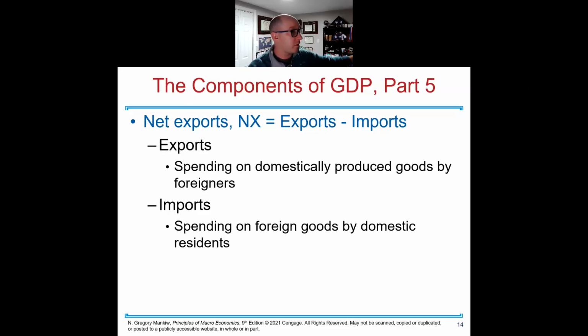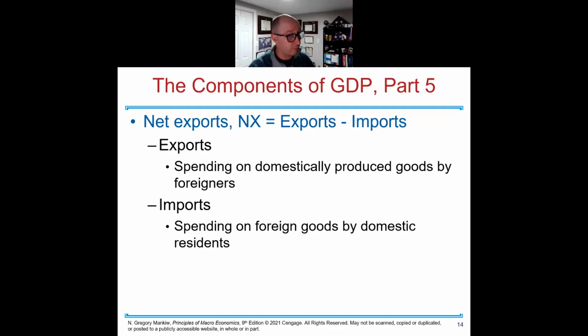For example, the United States is really good at producing wheat. We produce so much of it that we have a lot left over. What do we do with the leftover? We export it, sell it to other countries. We're not very good at producing electronics. We import a lot of electronics.